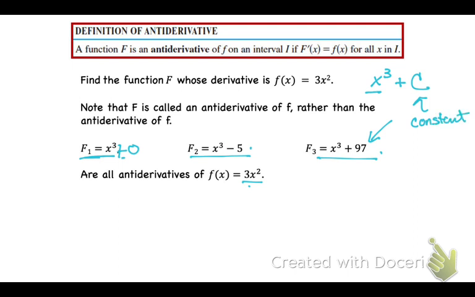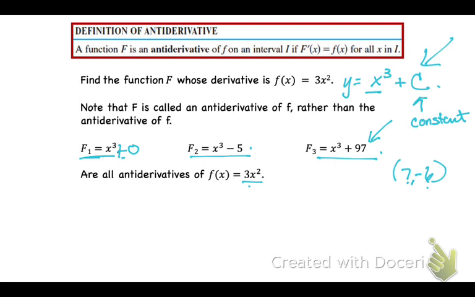Does that make sense? So it's just like if I gave you a point, if we said this is the antiderivative, and I gave you the point 7, negative 6, could we solve for it? I have y equals x cubed plus c, and I gave you 7, negative 6. Could I solve for c?